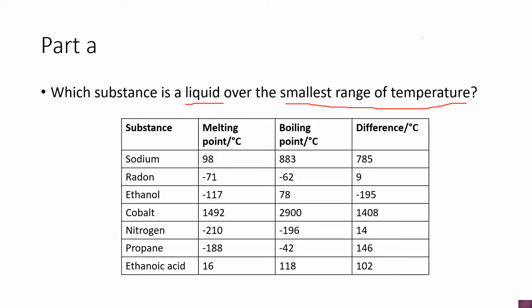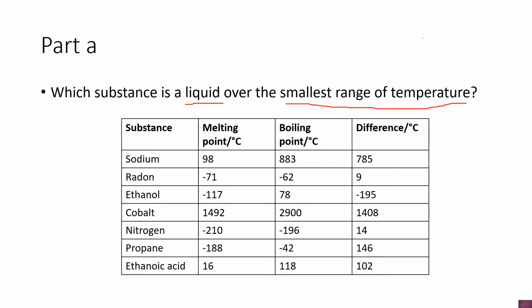The substance is a liquid when the substance melts, because at melting point temperature the substance turns its state from solid to liquid, and it stays liquid until it reaches the boiling point temperature, because at boiling point temperature the substance turns from liquid to a gas. I hope you remember this, because it is really important.